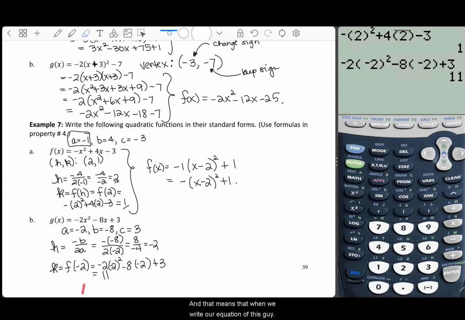And that means that when we write our equation of this, it's going to be f of x equals, okay, so the h value is a negative 2, the k value is 11, and the a value is a negative 2. It's going to be f of x equals a negative 2 times the quantity x plus 2, because we have to change the sign of the x, squared, plus 11. And we have written this in our vertex form, or our standard form.